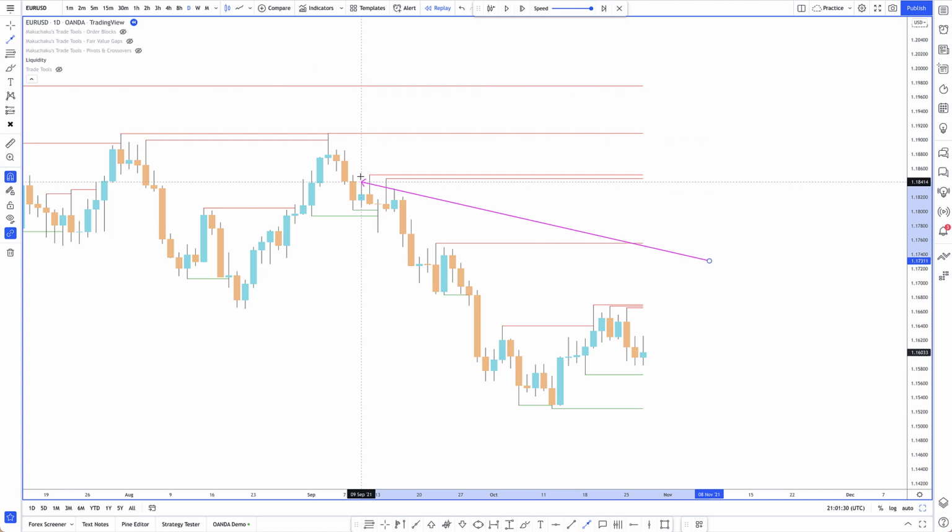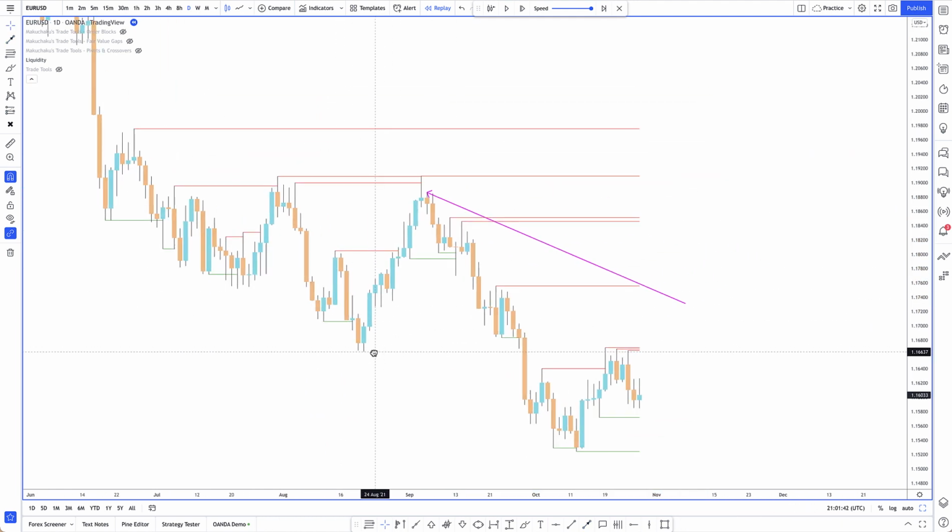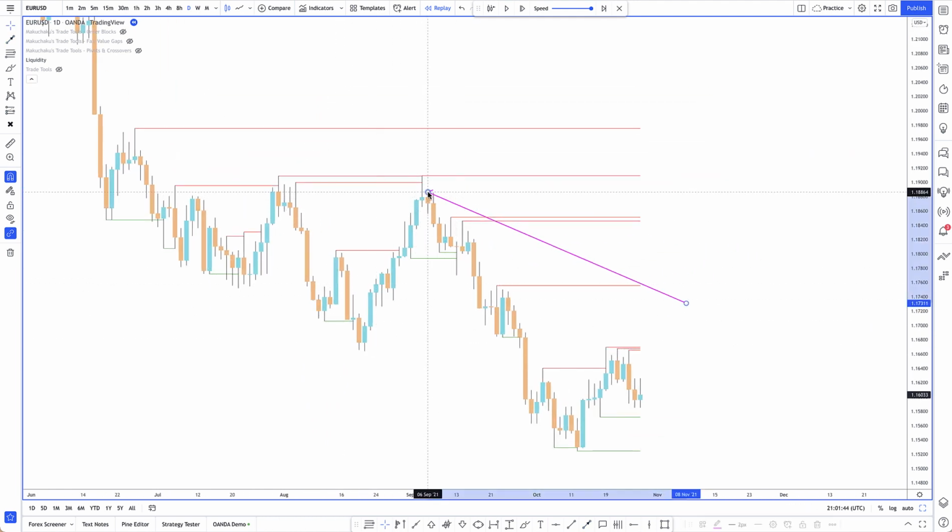You can clearly see when price closes beyond them, obviously they'll be deleted, but if it just wicks below them and then moves on, you can see they'll be clearly drawn on the chart. But this is a very clear depiction to you of how and where retail traders could be hiding their stop losses.